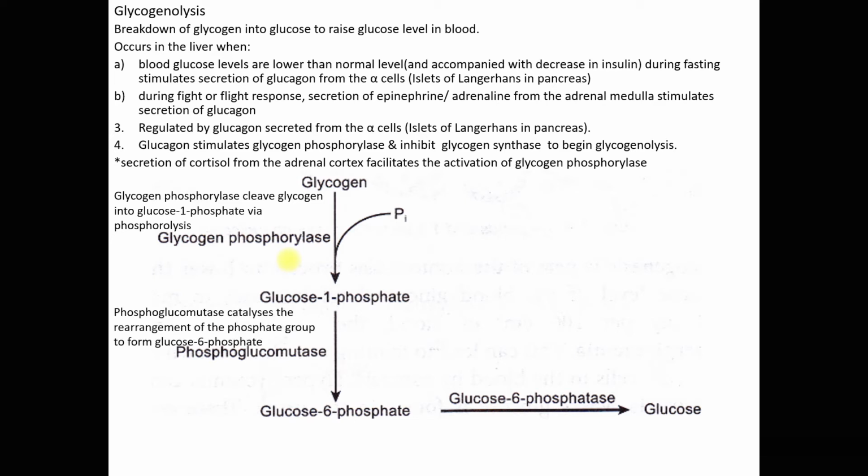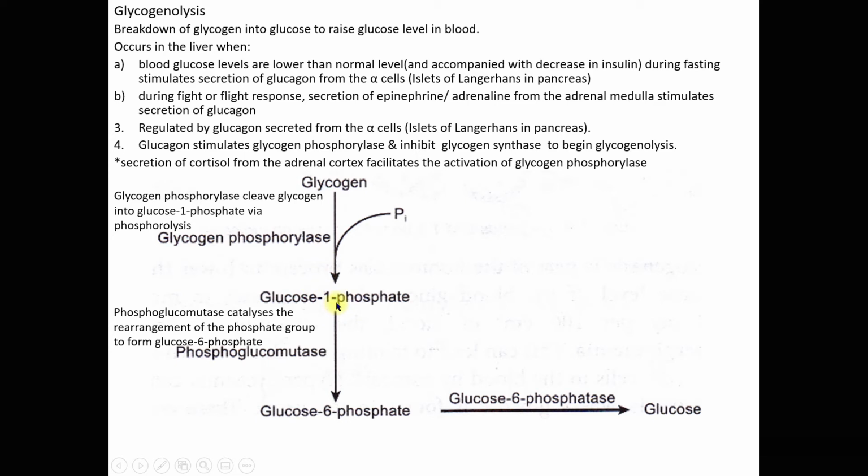Next, phosphoglucomutase will catalyze the rearrangement of the phosphate group in the glucose 1 phosphate to form glucose 6 phosphate. If you notice, the position of the phosphate group in glucose 1 phosphate was in the first carbon.